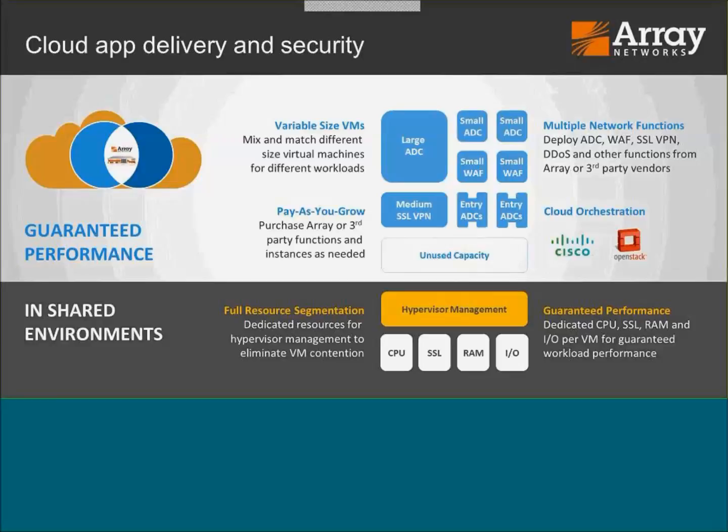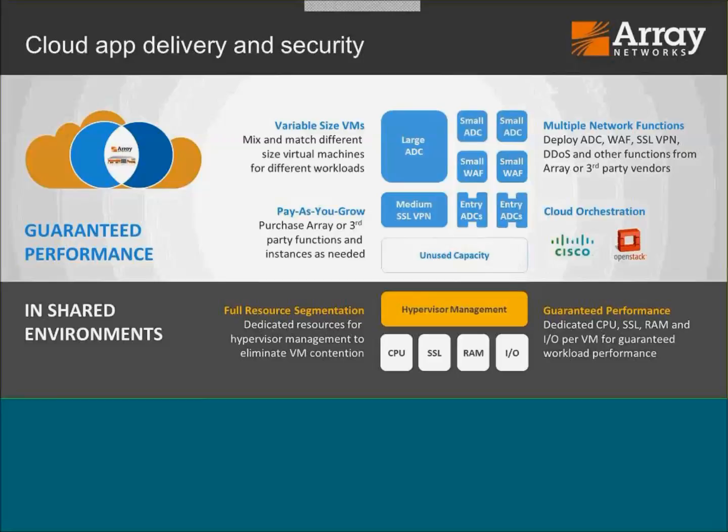Variable size virtual machines, right? On the platform, you can populate it however you want. You can carve it up into a greater number of smaller VMs or a smaller number of larger VMs, or mix and match depending on what you need. Multiple network functions. Not only can you have different sizes, you can have different functions. You can decide that this is purely for consolidation, and I'm only doing one function on here, of this size, and I'm going to just drive consolidation for it.